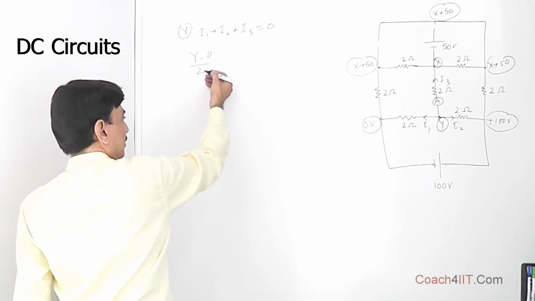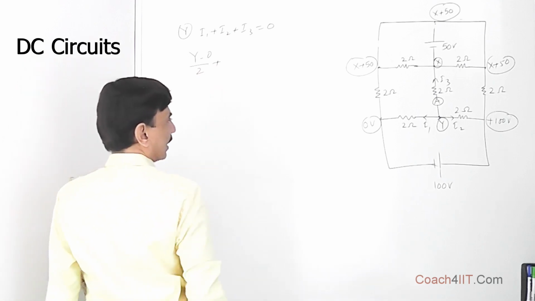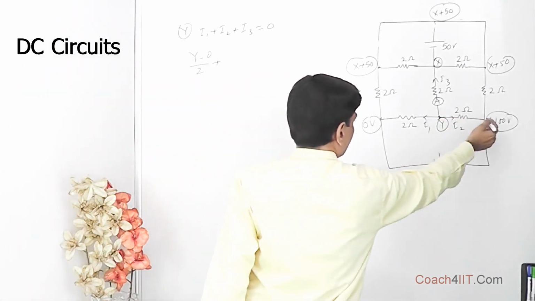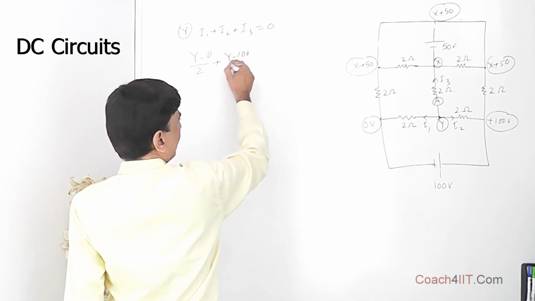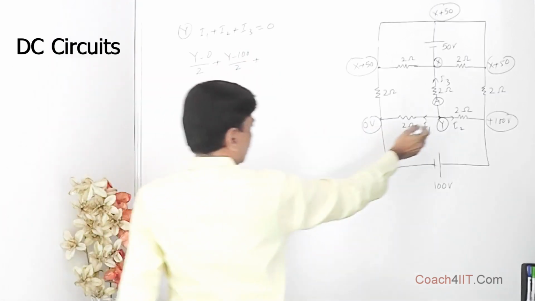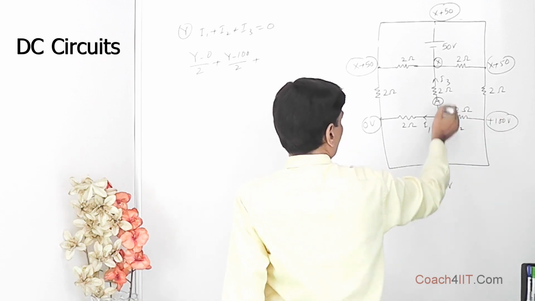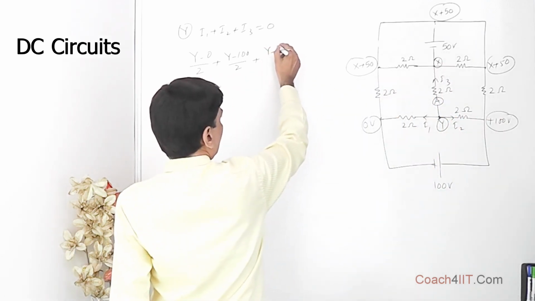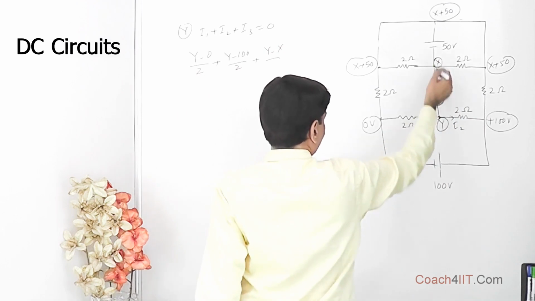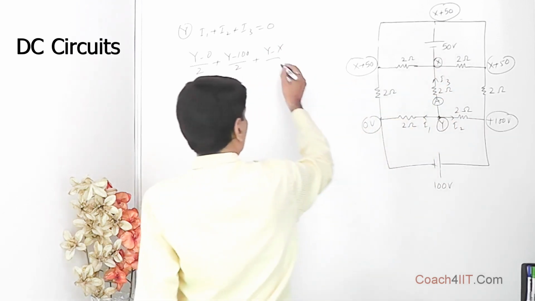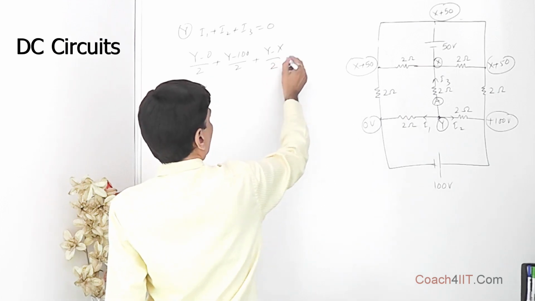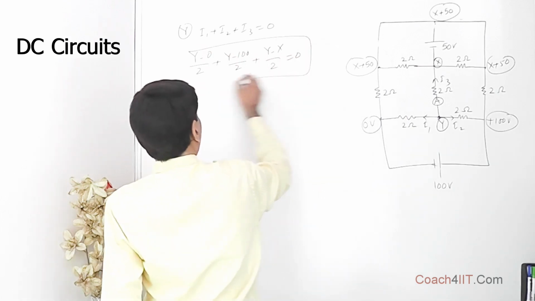Potential difference by resistance is current. I2 we have taken in this direction, that is Y minus 100 divided by 2, and this is Y minus X, the potential difference, divided by 2. All the currents are going out, so this potential we have taken as higher compared to this. So Y minus X divided by 2 is equal to 0. This is one equation we get.